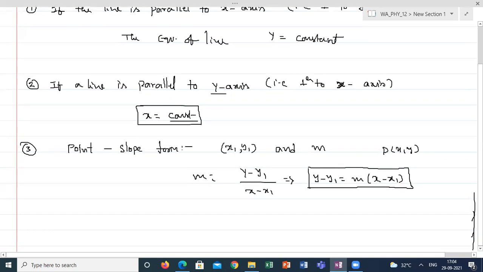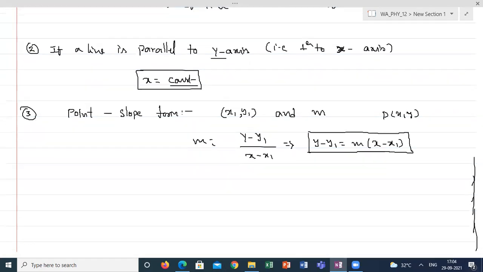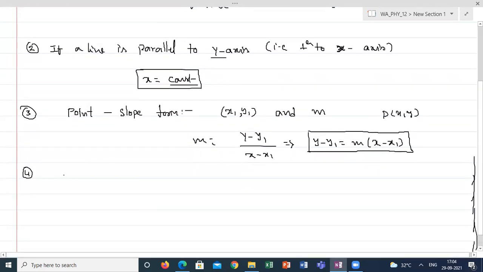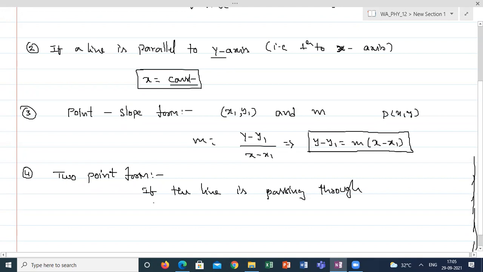The next one is two-point form. Find the equation of a line if the line is passing through A(x1, y1) and B(x2, y2).